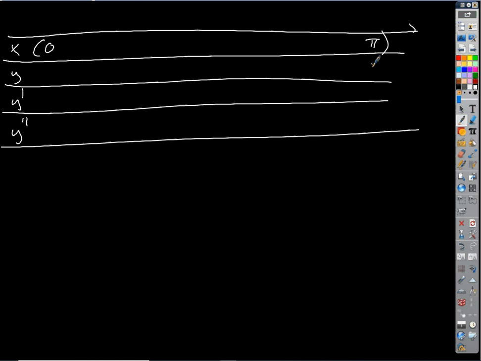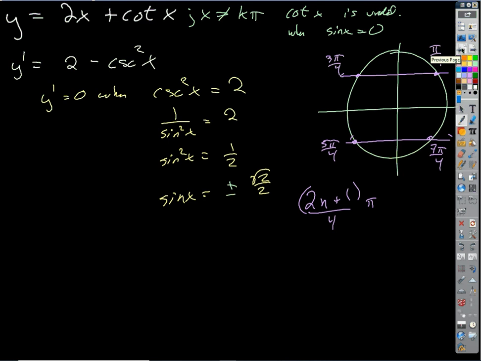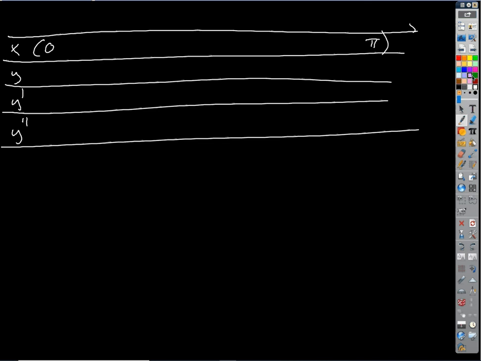We found that on that domain we had critical numbers at pi fourths, 3/4 pi. Oh, yeah, pi fourths and 3/4 pi, because we're only doing that, you're right, whoops. Pi fourths, 3/4 pi, and those were zeros of my first derivative.